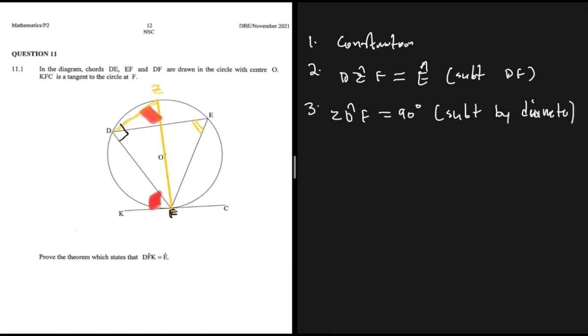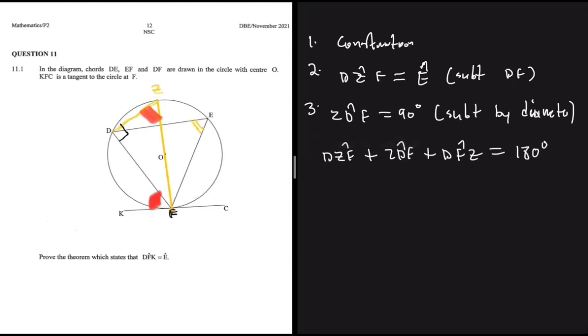So now that we have said that, let's calculate the value of DZF, right? So if we use the sum of angles in a triangle, we're gonna get DZF plus angle ZDF plus angle DFZ equals to 180 degrees.